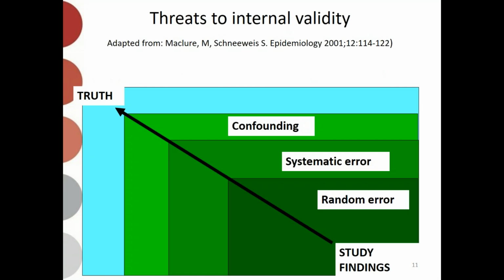I'm assuming it's this slide, validity? She says yes. This one. Okay, all right.